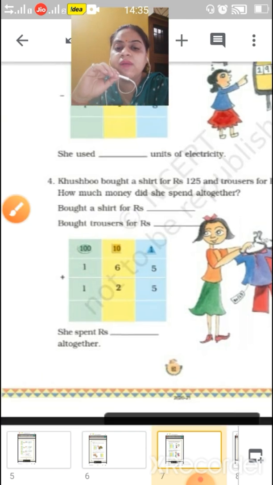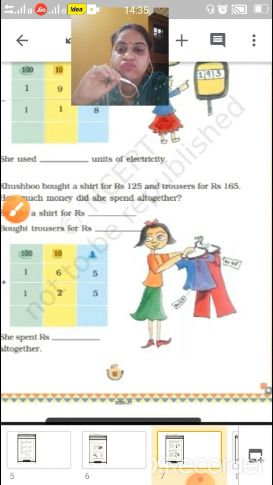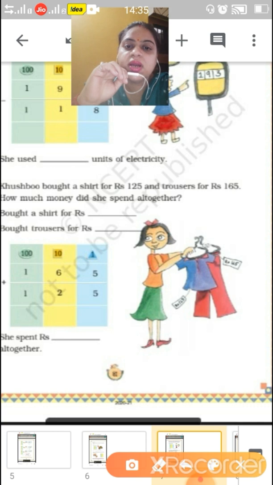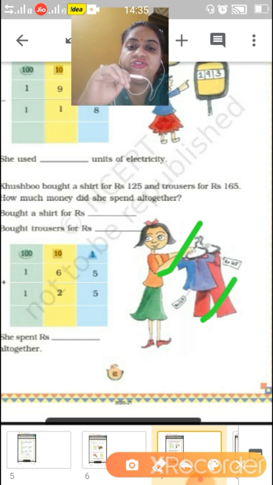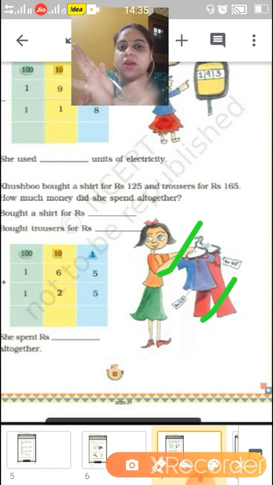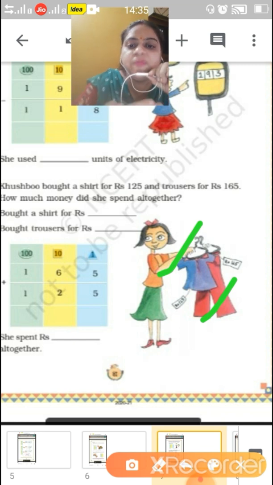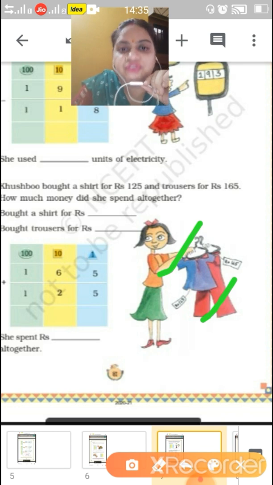Okay, now come to next. Khushbu bought a shirt for rupees 125, and a trouser for 165. How much money did she spend all together? Now they are asking all together. All together means they want the total amount she spent on this shirt and trouser.